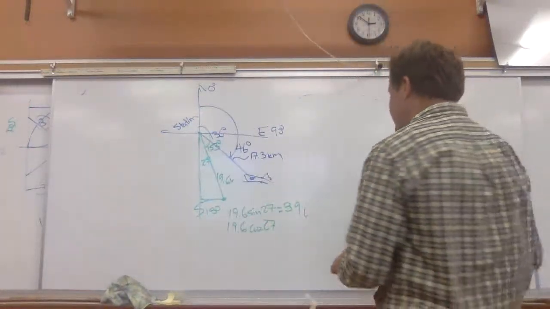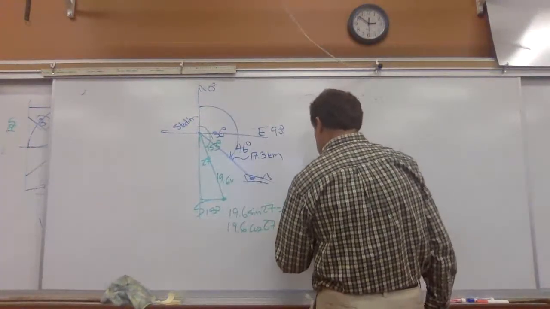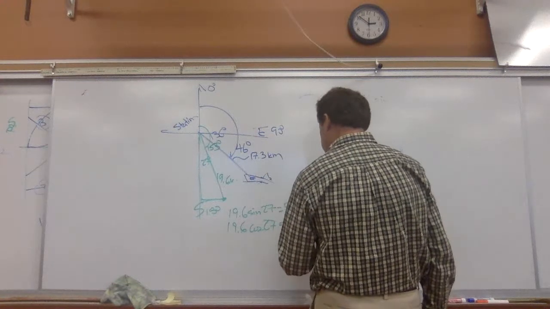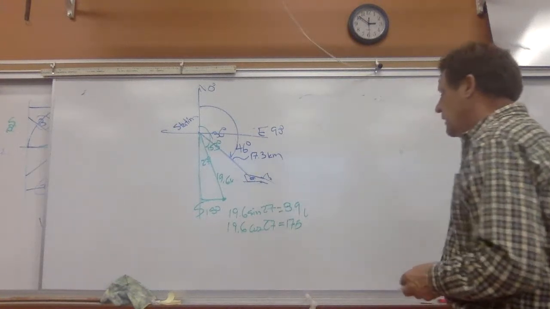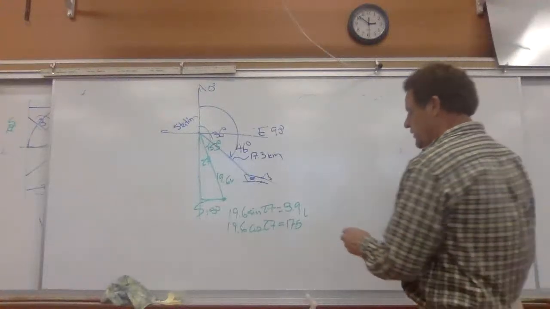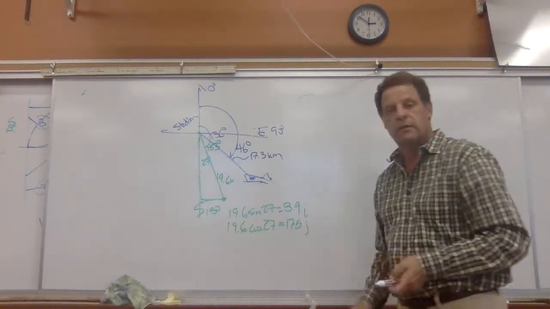We'll call it 17.5. Okay, 17.5. All right, so these are the coordinates, and this is J.